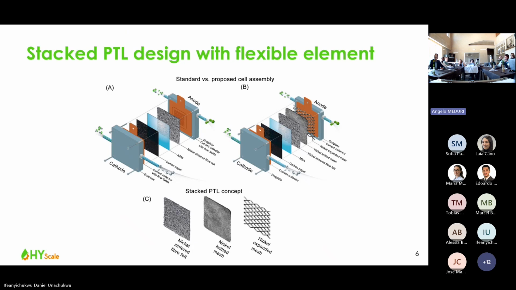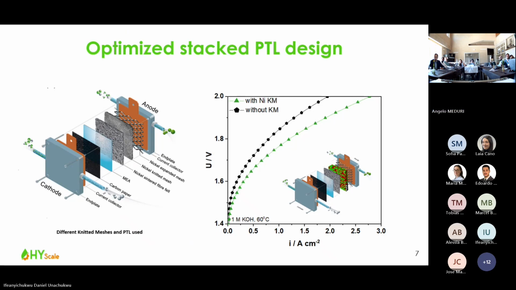So that means it's a flexible element, and then on top the standard PTL with liquid-gas diffusion layer. In the middle, then the membrane, and then again carbon paper, and the flow field on the other side if needed, or also no flow field on the other side.